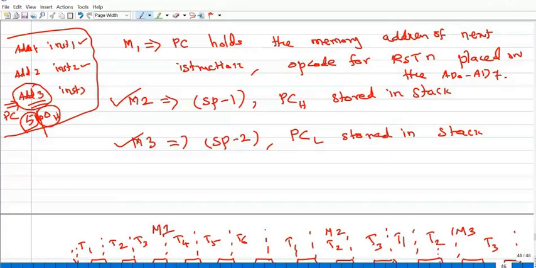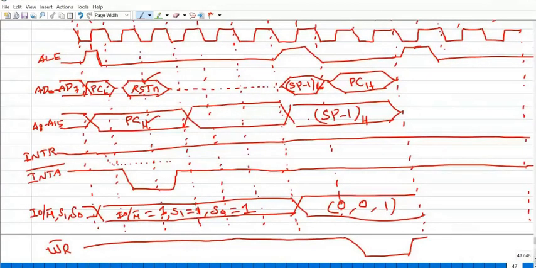Now we have to store the next immediate address location's lower order information in the stack memory. The address location of the stack memory is given by stack pointer minus 2. Now during the M3 state, first T1, ALE high.